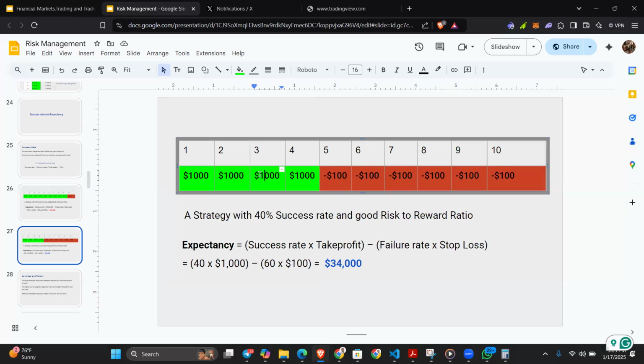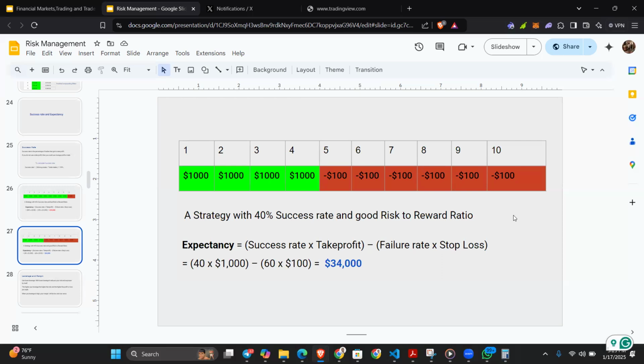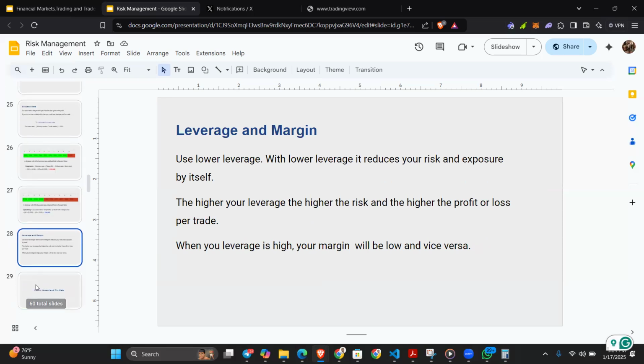So at every point in time, this person is making $1,000 profit, and at every point in time, he's losing $100. We will still talk more on risk to reward ratio.